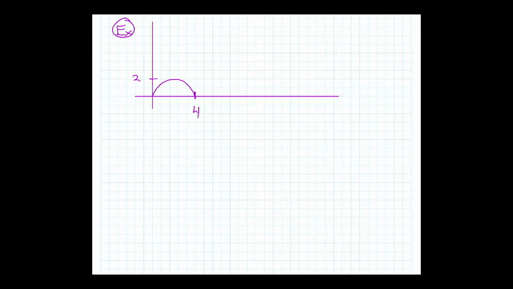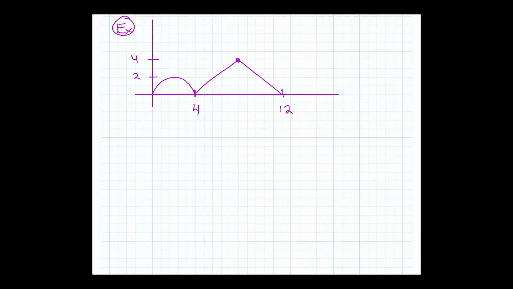That's a half circle. Then we got way over here at 12. Again, I'm not drawing this to scale. And then up at 4. Call that halfway. Not that it matters. We got a little triangle thing. And then we got 12 and let's call it 18.